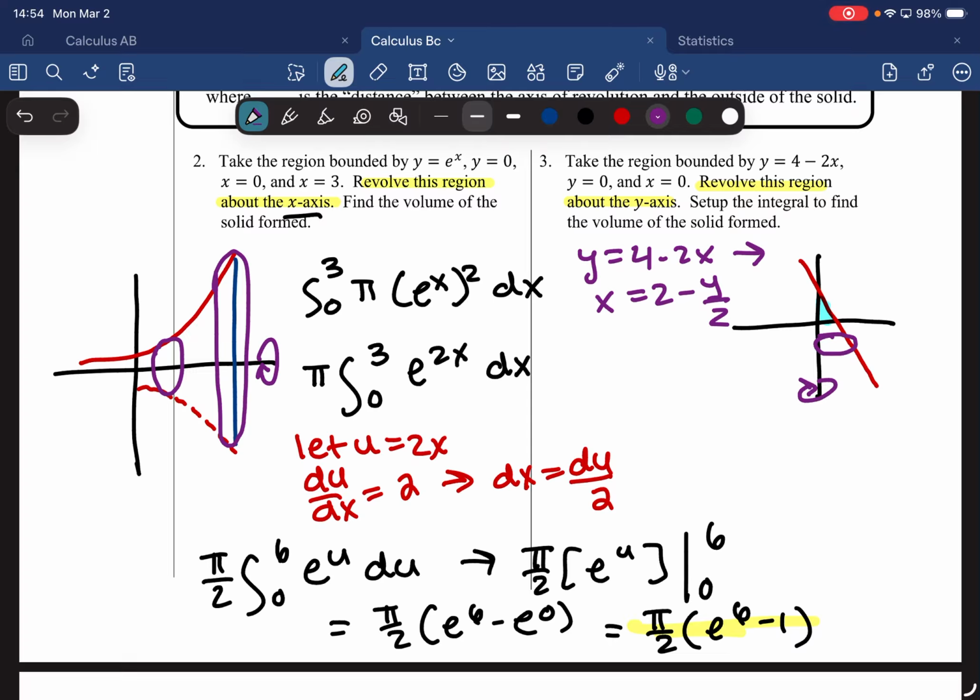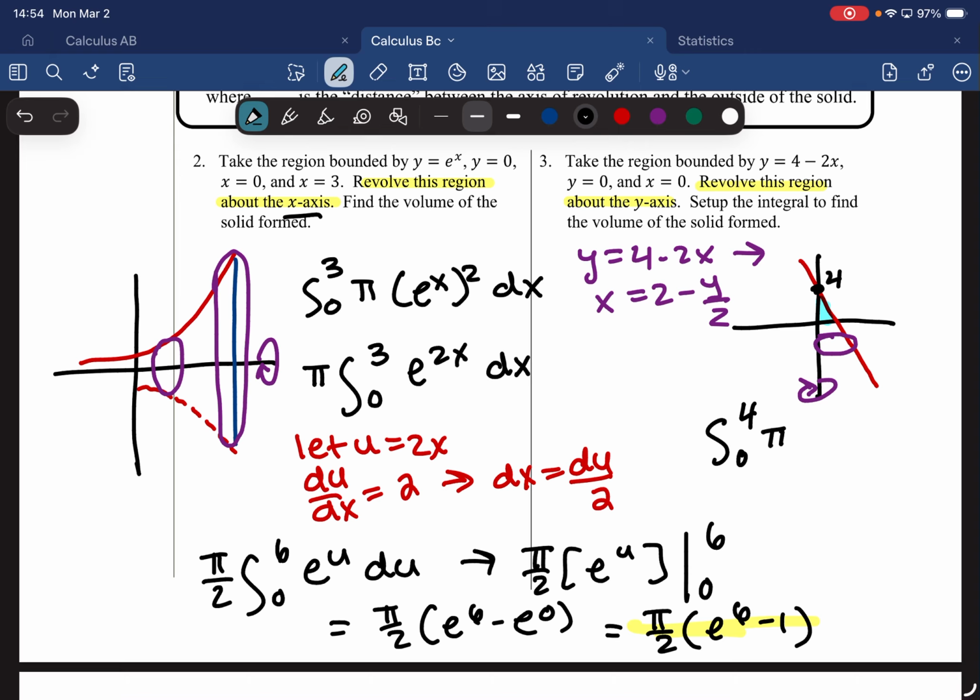Okay, so now if I set up my formula here, I'm going to have the integral from, and what 2 values am I going to look at? Since I'm looking at the y-axis here. Good, just make sure you say it opposite, 0 to 4. Okay, because of this intersection of 4 right here, because of our line.